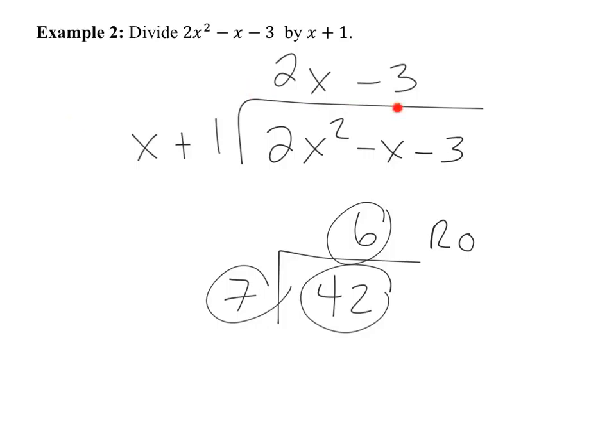The other factor, the quotient. Is that clear? Okay, the quotient and the divisor together make up the factors of the dividend when the remainder is 0.